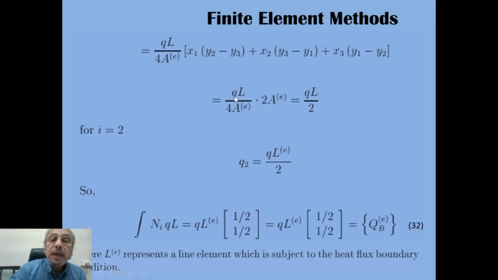So we have written QL divided by 4A, with 2A the elemental area, so Q into L by 2.